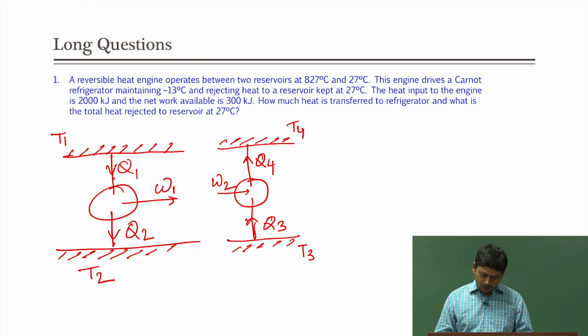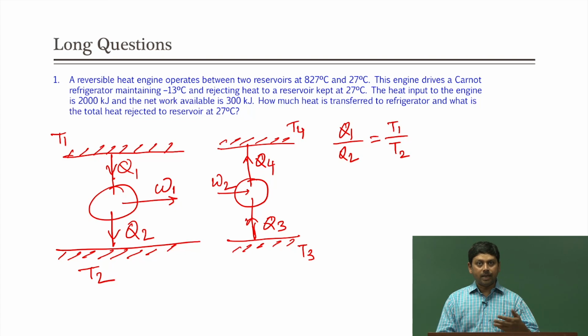Now, how do we start solving the problem? So, first you have to understand that in a Carnot cycle the ratio of heat input and heat output is equal to the ratio of the temperatures of the reservoirs T1 and T2. And remember we talked about the thermodynamic temperature, which is based on the heat input and output from the high temperature reservoir and low temperature reservoir.